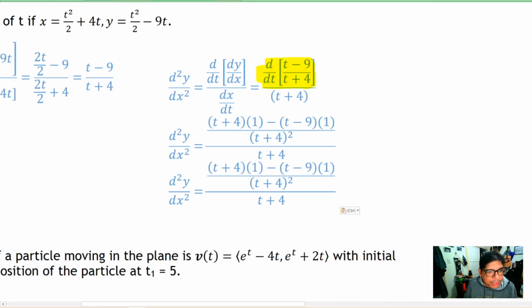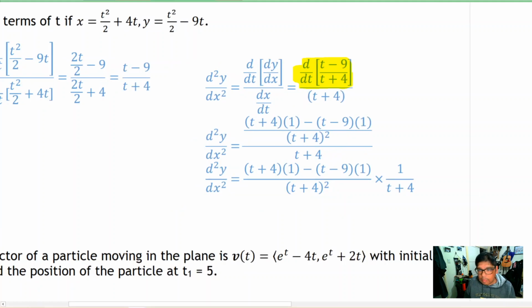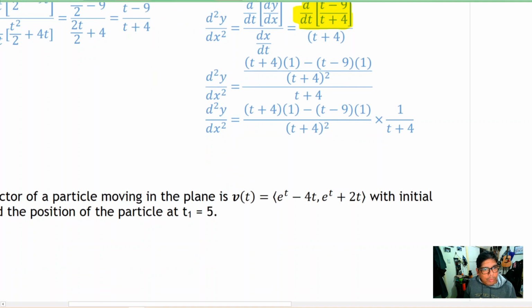To simplify this, instead of dividing by t plus 4, we're going to multiply the numerator times the reciprocal of the denominator. And we can collapse that down, and that gives us (t plus 4) cubed in our denominator.